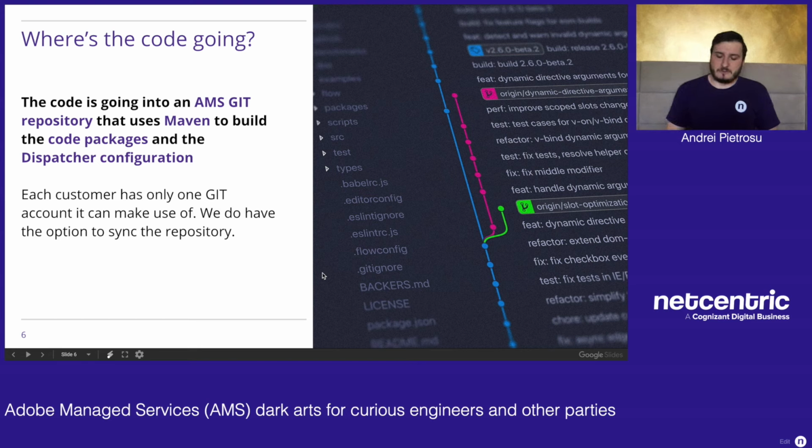So in terms of code, AMS offers each customer a Git repository that uses Maven to build the code packages and dispatcher configuration all together. So you only have one Git account in which you put everything, and you have an option to sync that Git account with your company Git or another Git repo wherever you host it.